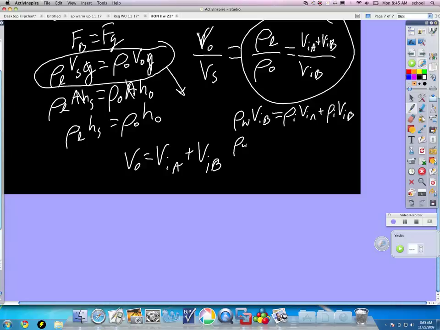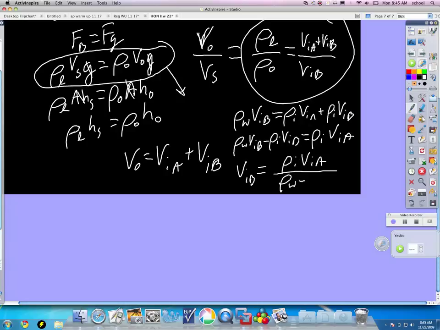The mass of the ice should equal the mass of the displaced water. Does that make sense? So when the ice goes in, the total mass of the ice should equal the mass of the displaced water. Is everybody okay with that? So then what are these things?